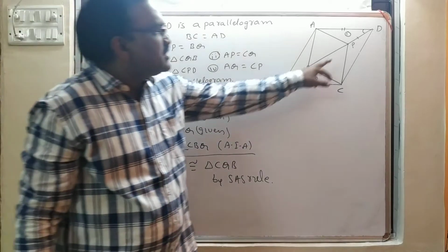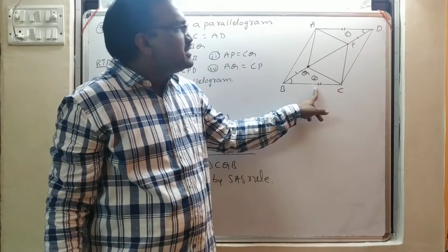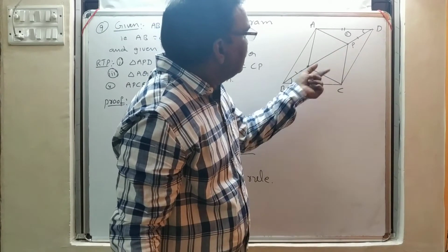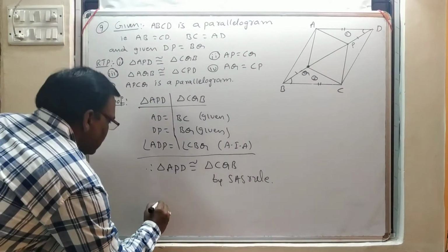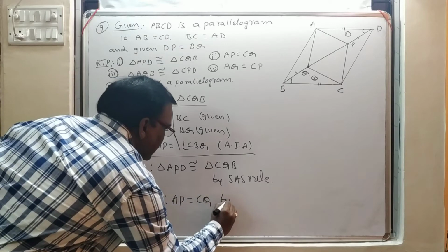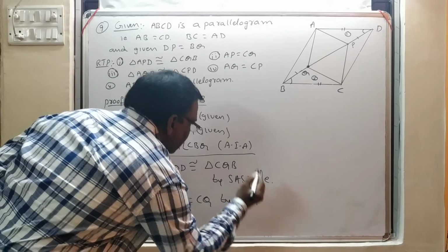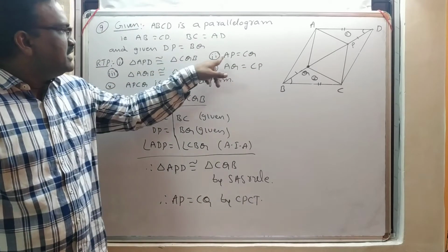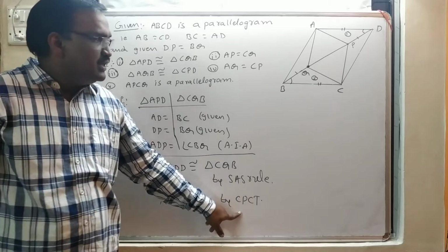Once the triangles are congruent, their corresponding parts are equal. Therefore, AP is equal to CQ by CPCT. This is the first condition, this is the second condition.